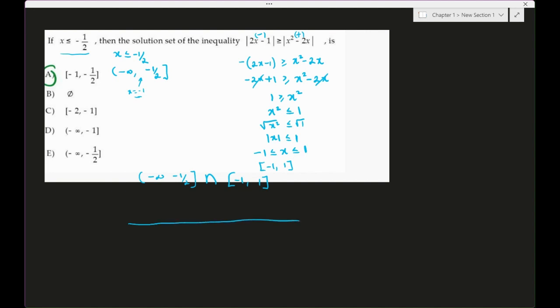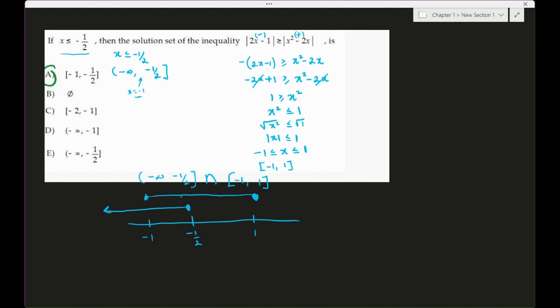Now what does this mean? If you look at this, here we have minus half, and this is the condition. Here we have minus 1, and somewhere here we have 1, both closed.